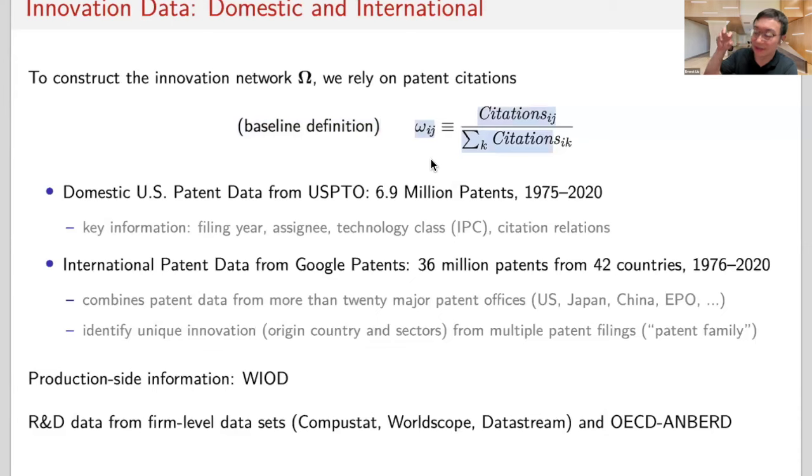We're not really using the patent level once we aggregate, but we can weigh the underlying patents by the total citations or by the stock market value from Kogan et al. We can also use different scaling. These things don't have to sum up to one, but the whole matrix has to have a spectral radius bounded by one. So we do various things with different ways to measure it.